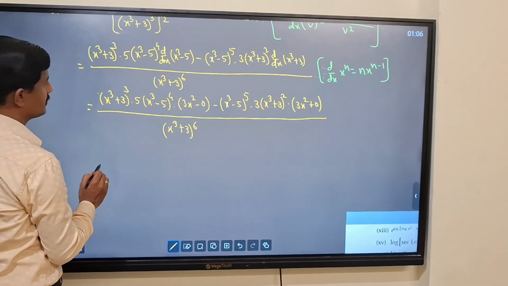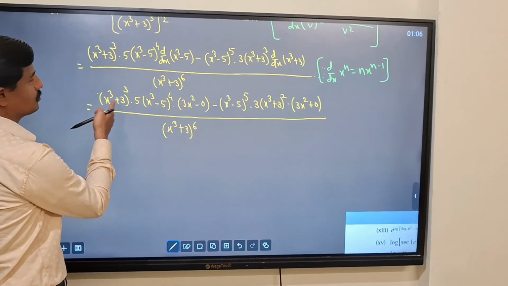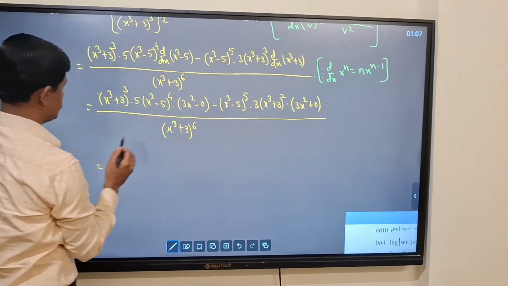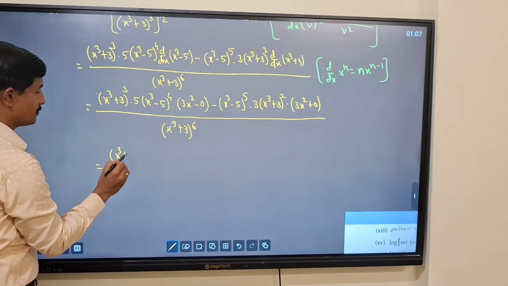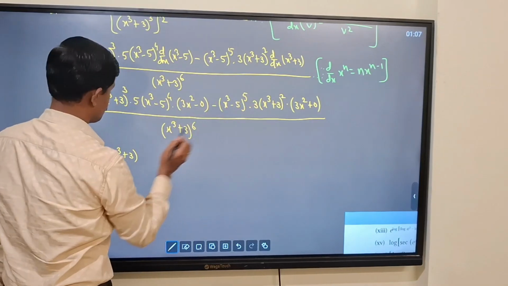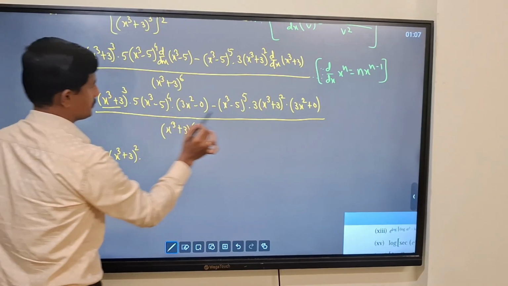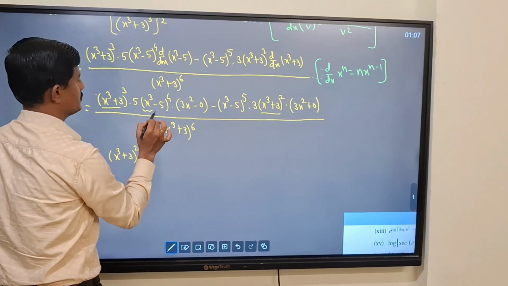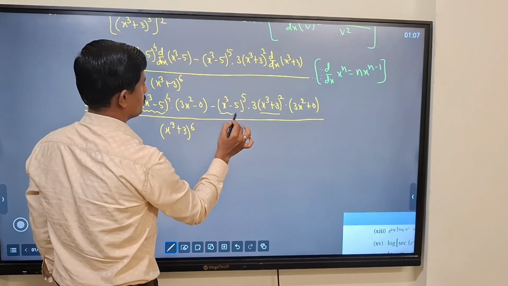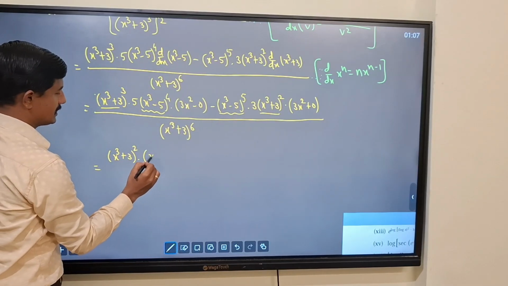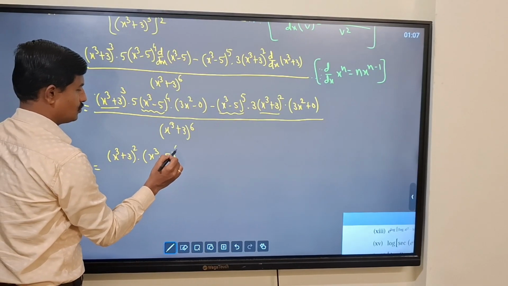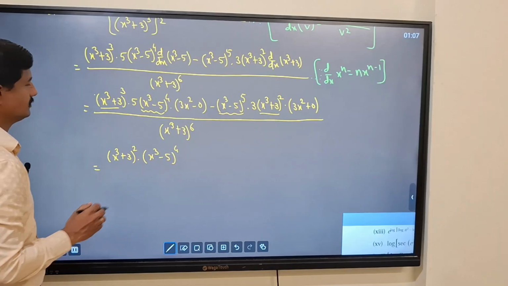Then how to simplify? Just take commons. Here x cube plus 3, again here x cube plus 3. So we will take x cube plus 3. Here is a cube and here is a square, so we will take the square as common from these two terms. And from this term, this is to the 4th power and this is to the 5th power. So we will take x cube minus 5 to the 4th power as common.